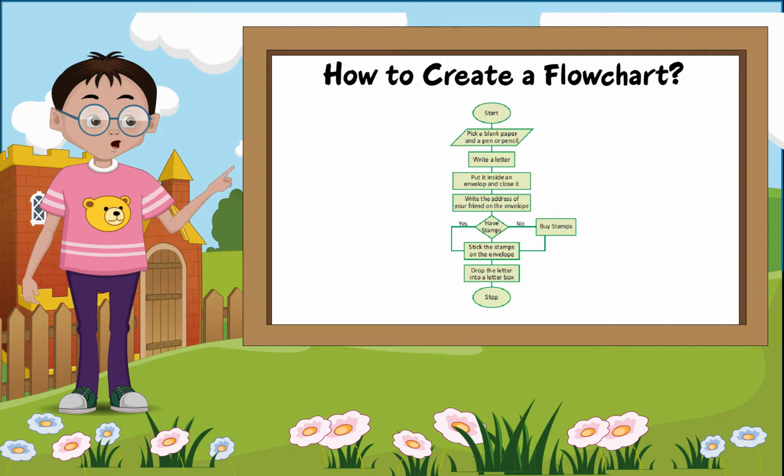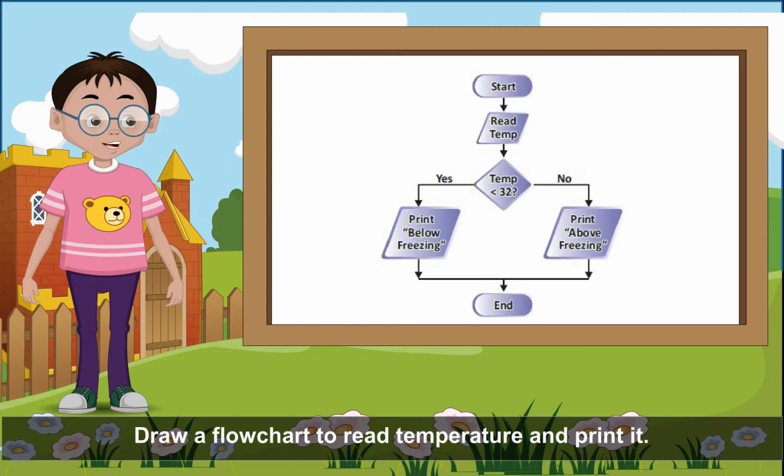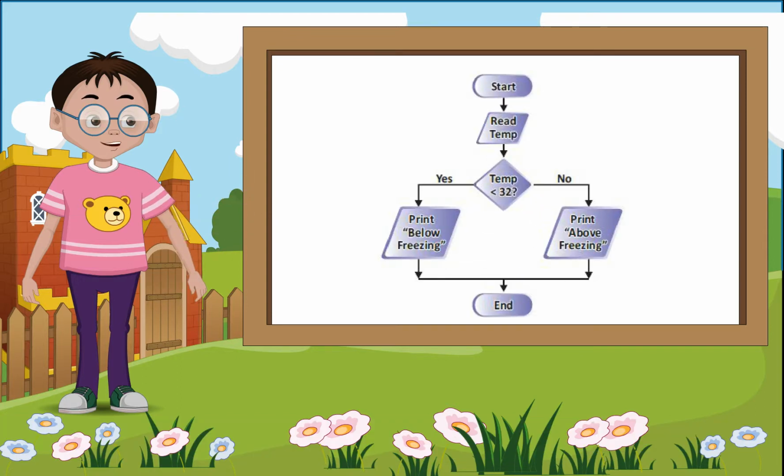If not, buy stamps and then stick the stamps on the envelope. Drop the letter into a letter box. Stop. Draw a flowchart to read temperature and print it. Start. Read temperature. Temperature less than 32 degrees? If yes, print below freezing. If no, print above freezing.